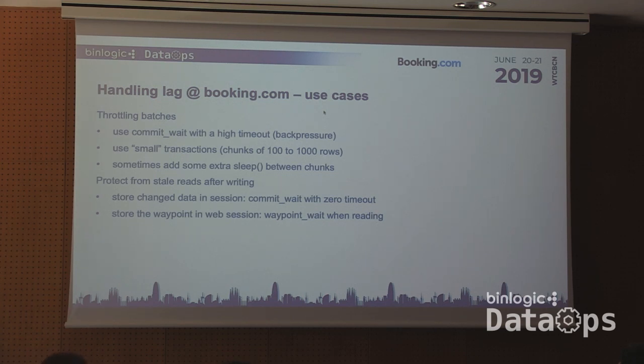That allows basically things to catch up, and also allows other writers to have time to push data in while you're sleeping. And then again, you go back to the slave, you check that the writes have arrived, and then you know that basically everything's fine. So that's good.